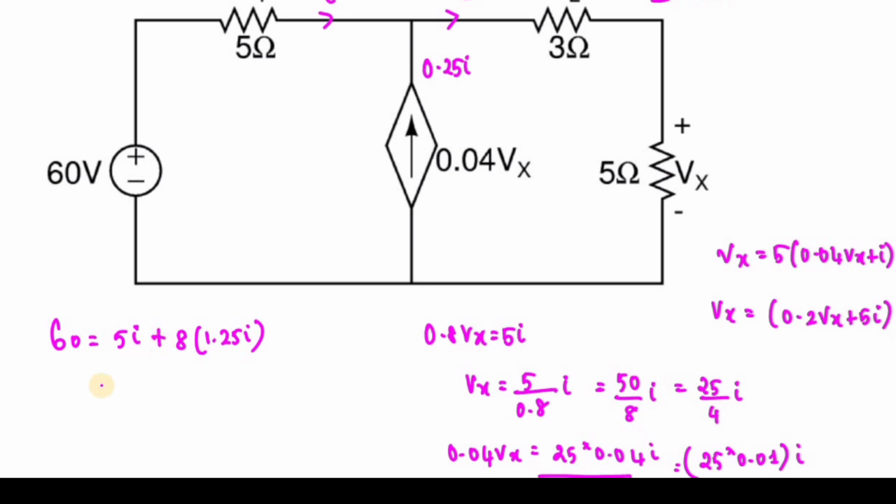From this I can find the value of I, right? So I is equal to 4. If I is equal to 4, this is equal to 5 amps, right? So the current flowing through this one is 5 amps.